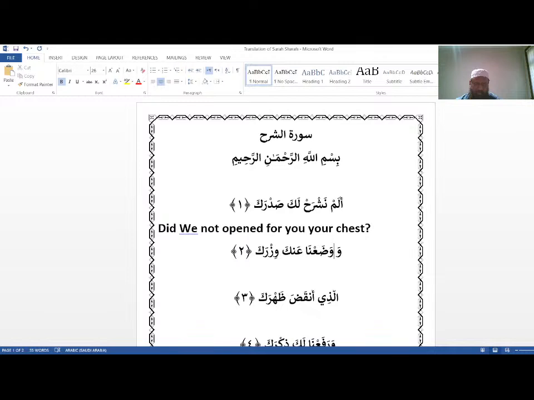So the wow here, at the beginning of a sentence, we can say it is wow atf. And the next word is وَضَعْنَا. If you have learned some verbs from our course, we will know the verb is وَضَعَ. وَضَعَ يَضَعُ, to put.